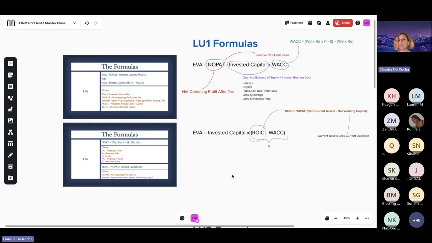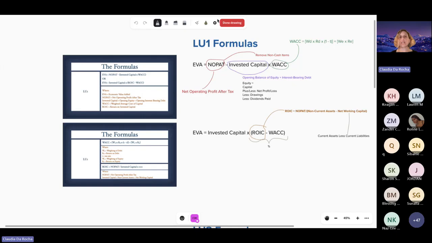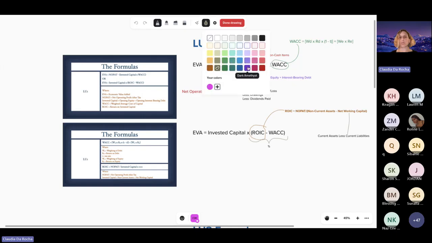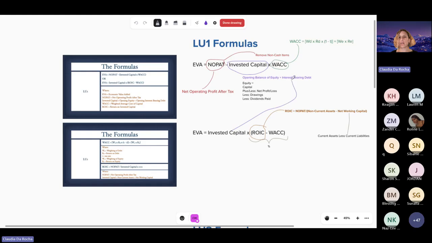Anything's possible. Both your return on invested capital and your WACC are percentages. Calculate the difference between those percentages, and multiply it by your invested capital, which is exactly the same as what we have noted here.